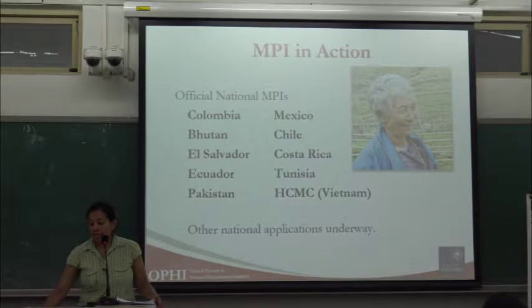At OPHI, we have been working with the governments of Colombia, Mexico, Bhutan, Chile, El Salvador, Costa Rica, Ecuador, Tunisia, Pakistan, Vietnam, and some other governments to define their own national measures.